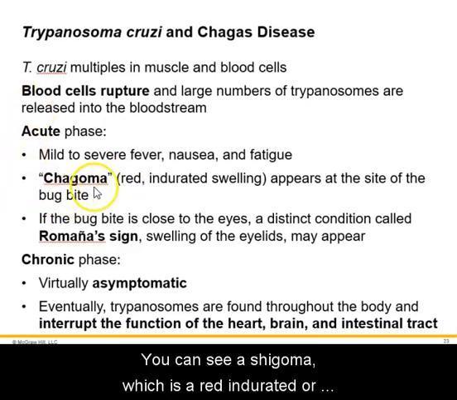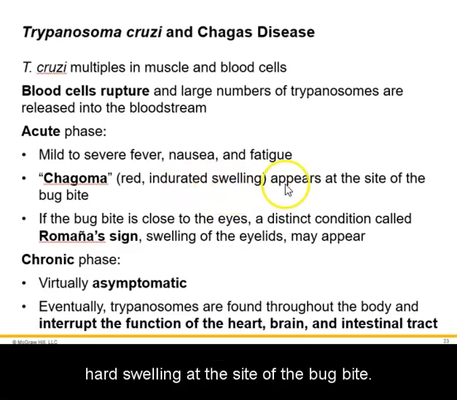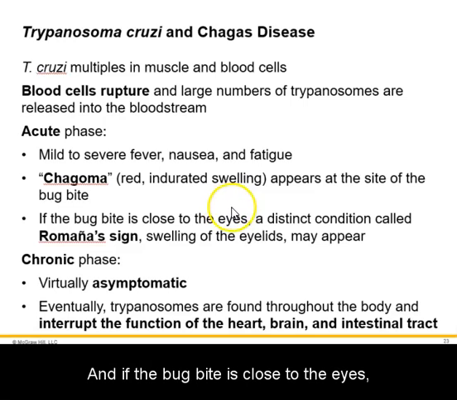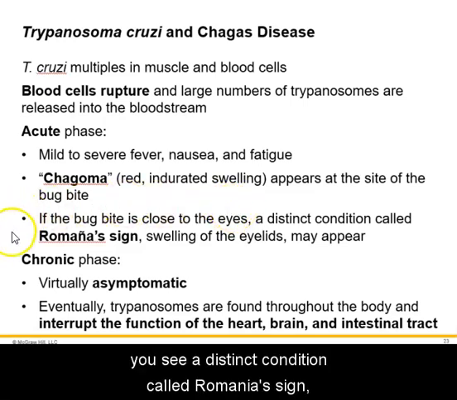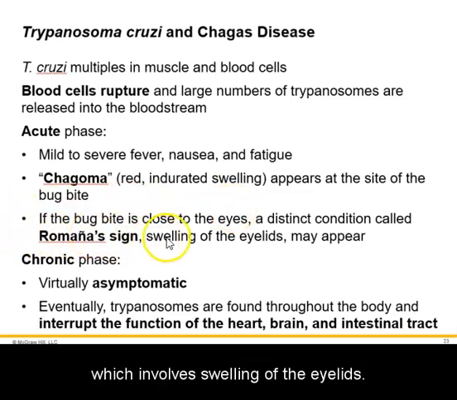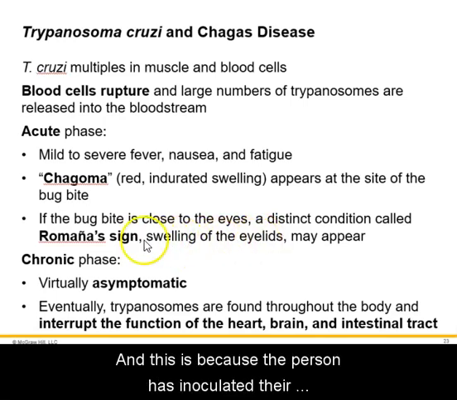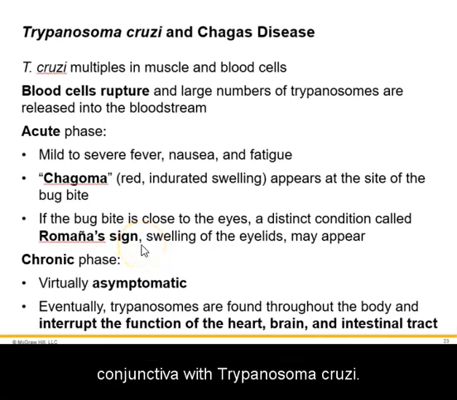You can see a chagoma, which is a red, indurated, or hard swelling at the site of the bug bite. And if the bug bite is close to the eyes, you see a distinct condition called Romaña's sign, which involves swelling of the eyelids. And this is because the person has inoculated their conjunctiva with Trypanosoma cruzi.